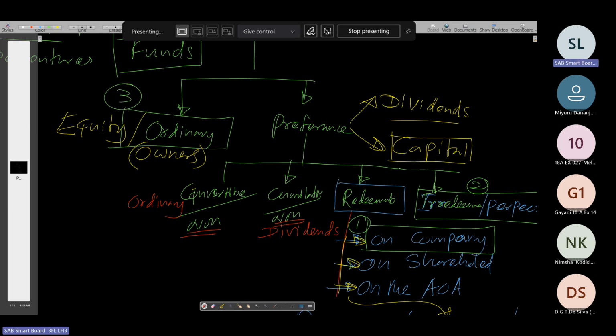Buyback the irredeemable shares, perpetual shares, and redeem the redeemable shares on the option of the company. So these three, one, two, three.